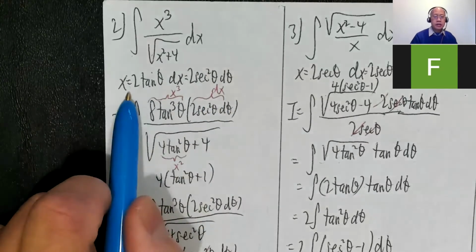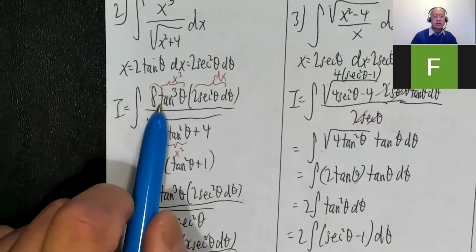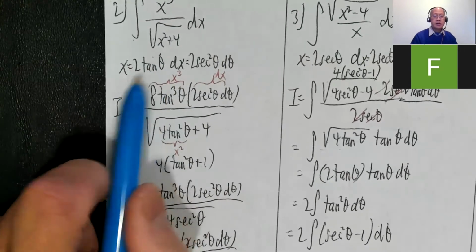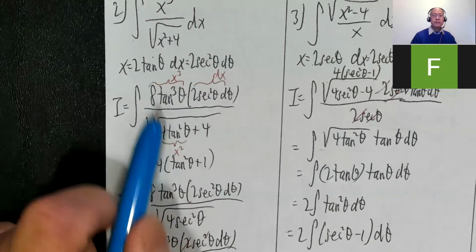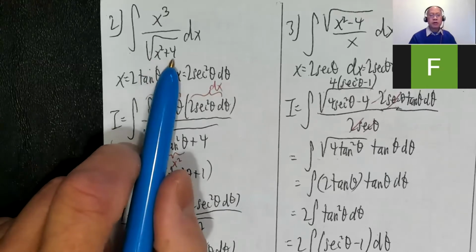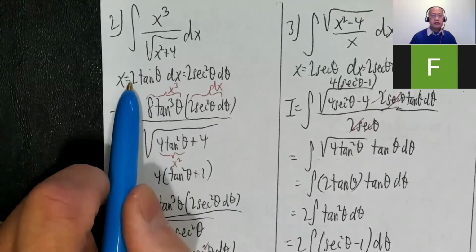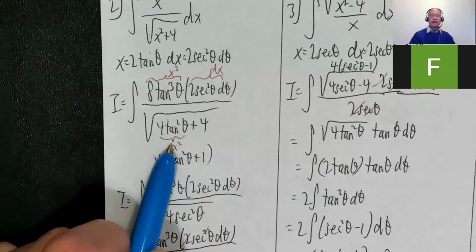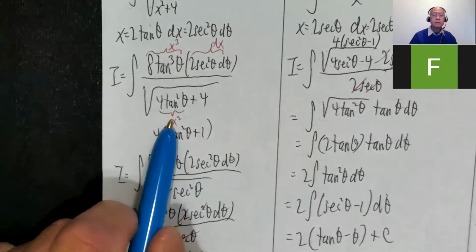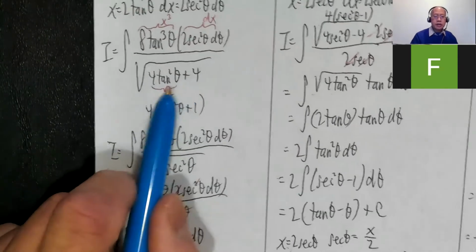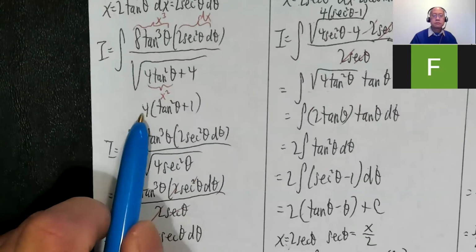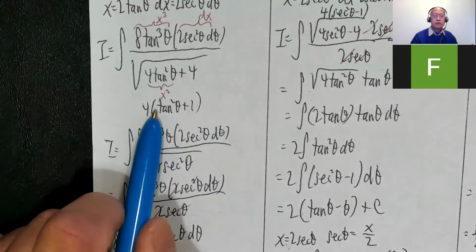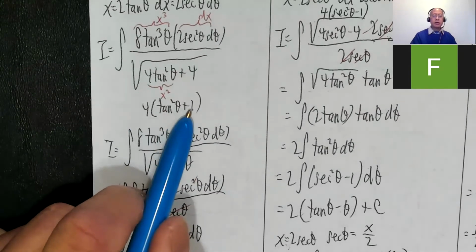X cubed, I cube that, 8 tangent cubed theta. 2 tan theta cubed is that, that's my x cubed. And square root of x squared plus 4. So x squared is 4 tangent squared theta plus 4. That's my x squared. And now notice here, you can factor out a 4. 4 times tangent squared theta plus 1.